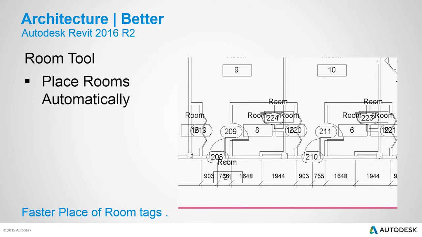It can be useful in some situations, but not others, but it's always a good option to have. So as your experience grows with this tool, you'll be able to assess the type of building that you're dealing with and how suitable it is to be able to do a one-click place rooms here option, and it's a nice new one to have. So that's place rooms automatically.